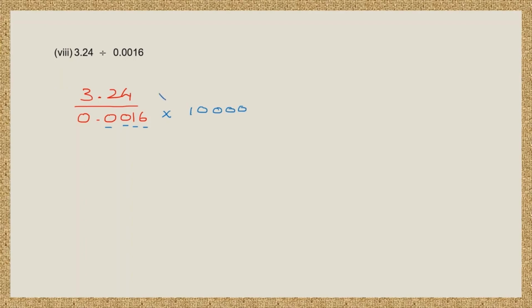Let me multiply the numerator also by 10,000. Okay, now what do we get? There are 4 zeros, so the point has to move 4 places to the right. 1, 2, 3, 4, and my point comes after that.